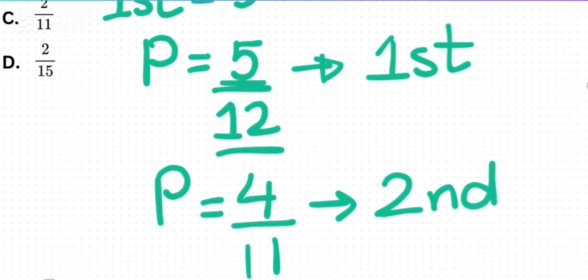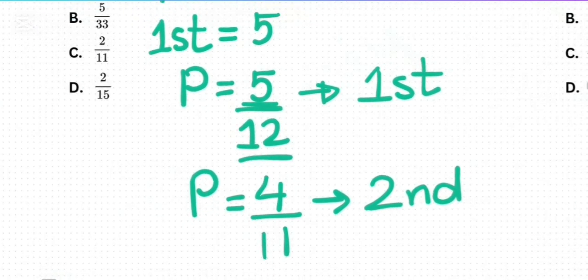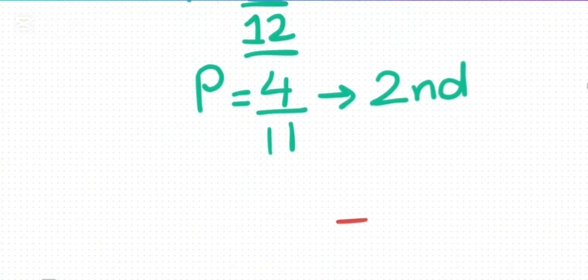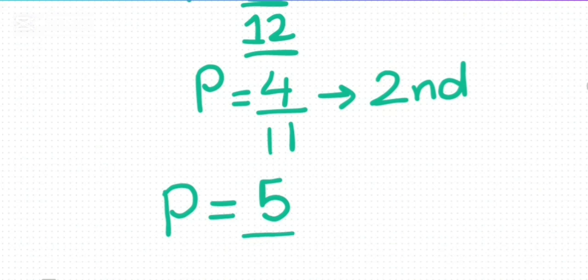Now we will multiply them. If you know the formula of probability, when you need to find both blue balls without replacement, we will use the formula: probability of both blue balls is equal to, we will multiply the above values, both probabilities, 5 out of 12 multiplied by 4 out of 11.